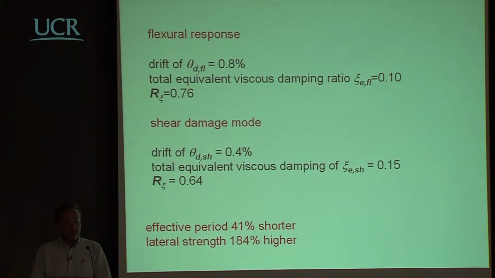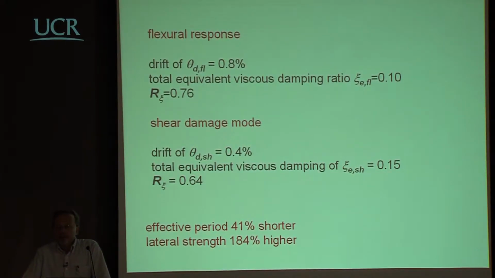The implication of this is that with a wall where you have a flexural failure mode, you can go to a larger drift, but you have a smaller equivalent viscous damping ratio. So you have a correction factor of the displacement demand which is larger than the one that you have in the case of shear, which will descend from this 15%, 5 plus 10, equivalent damping.